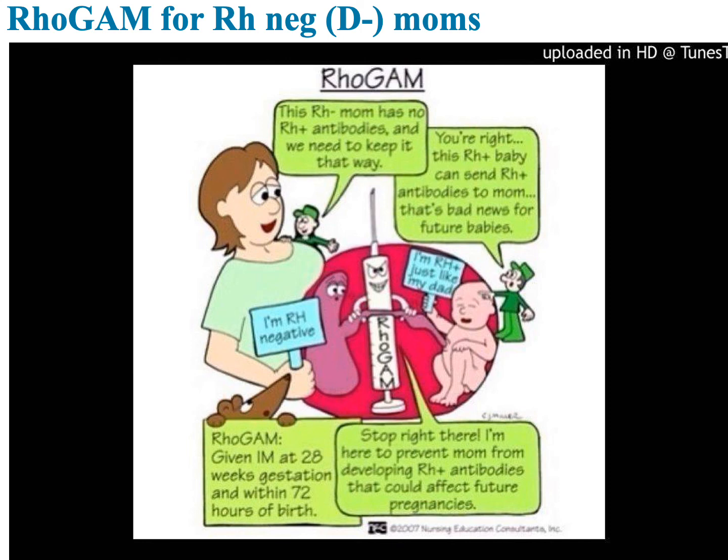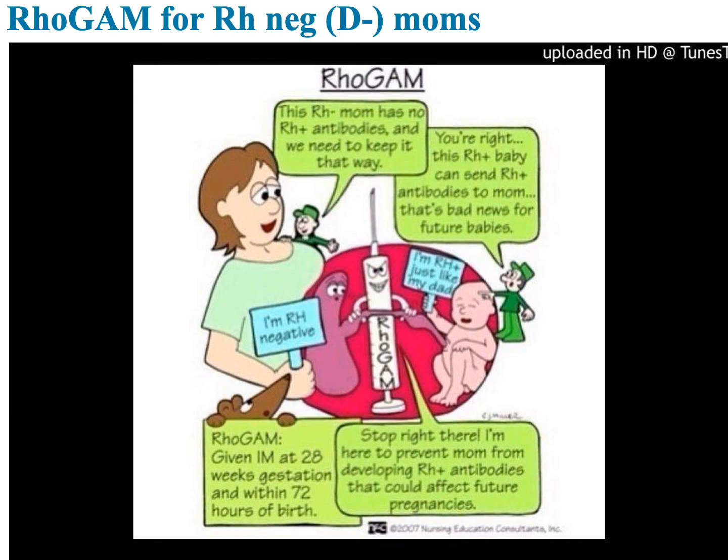Well, mom and baby's blood doesn't mix, but there is a close enough pathway that sometimes, if mom has a baby that ends up being Rh positive because the dad is positive, some of the Rh factor might get detected by mom, and then she makes antibodies.